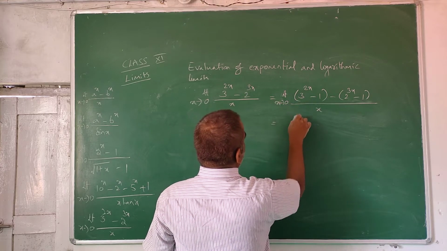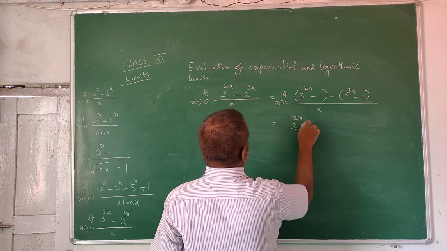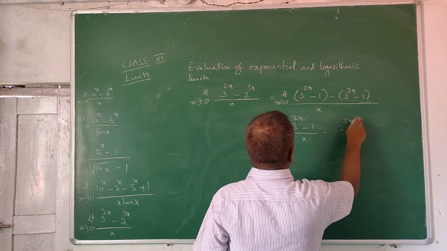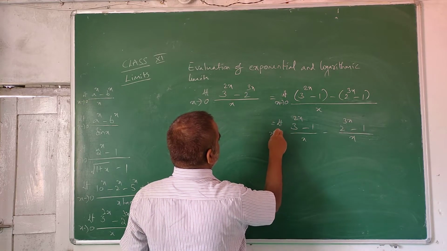Then this is equal to 3 power 2x minus 1 by x minus 2 power 3x minus 1 by x as limit extends to 0.